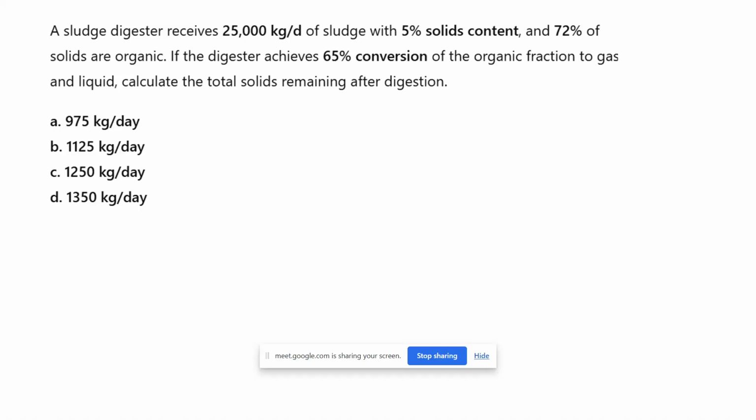These options are wrong. It's my typo, I'm sorry about that. But the answer is 665 kg per day only.